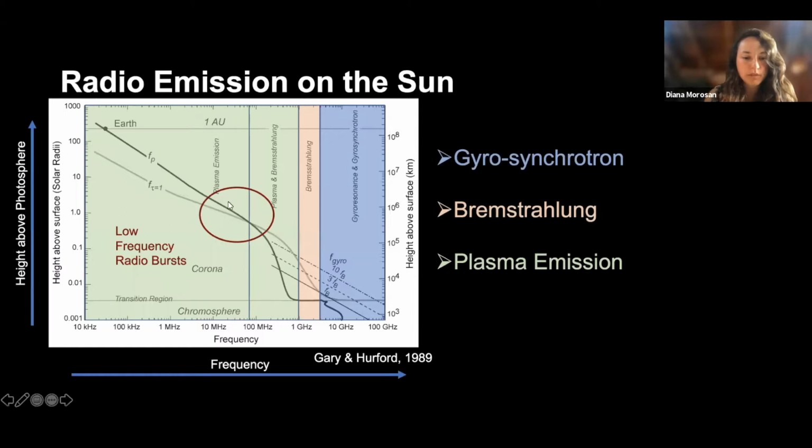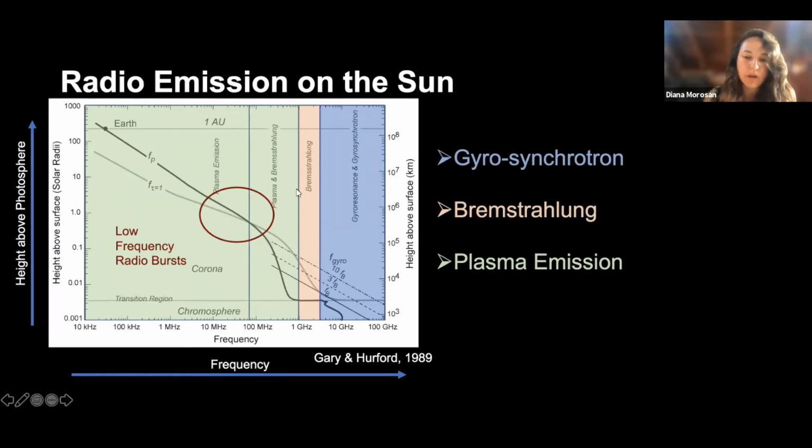So this brings me to solar radio bursts. And I want to make a distinction that there are radio bursts across this entire radio window. There are radio bursts at microwaves and so on, but what I'll be talking about today is specifically low frequency radio bursts at a few tens to a few hundreds of megahertz.